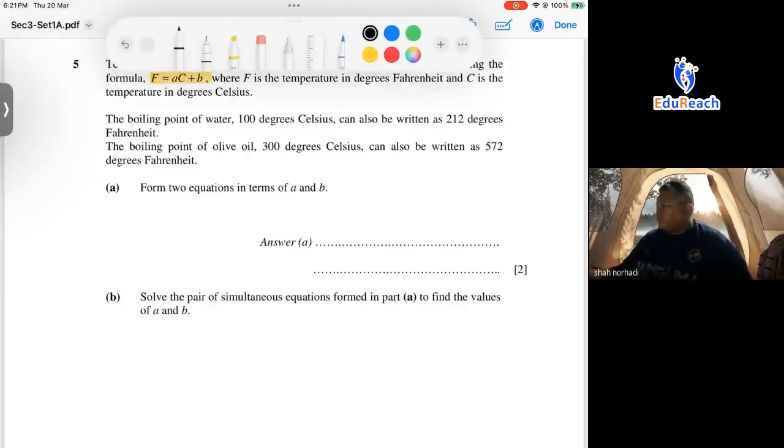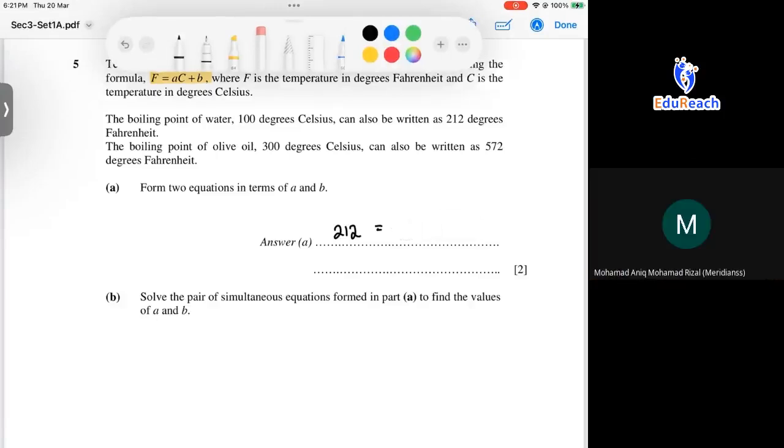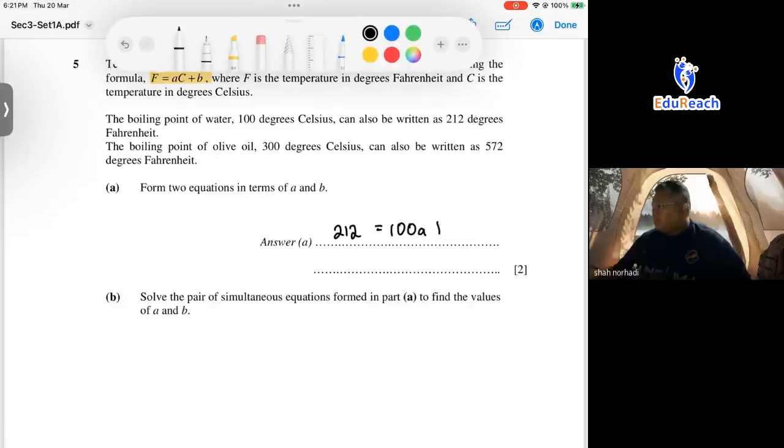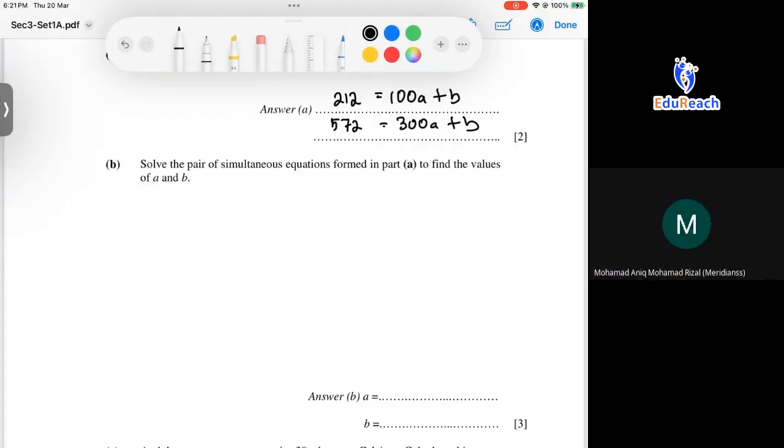I'm just going to do the first one for you. So the first one is 212 equals A times 100, or we can write it as 100A, plus B. Then the second one is 572 equals 300A plus B. When you form this already, you're done. Then after that, you can solve using simultaneous equations.